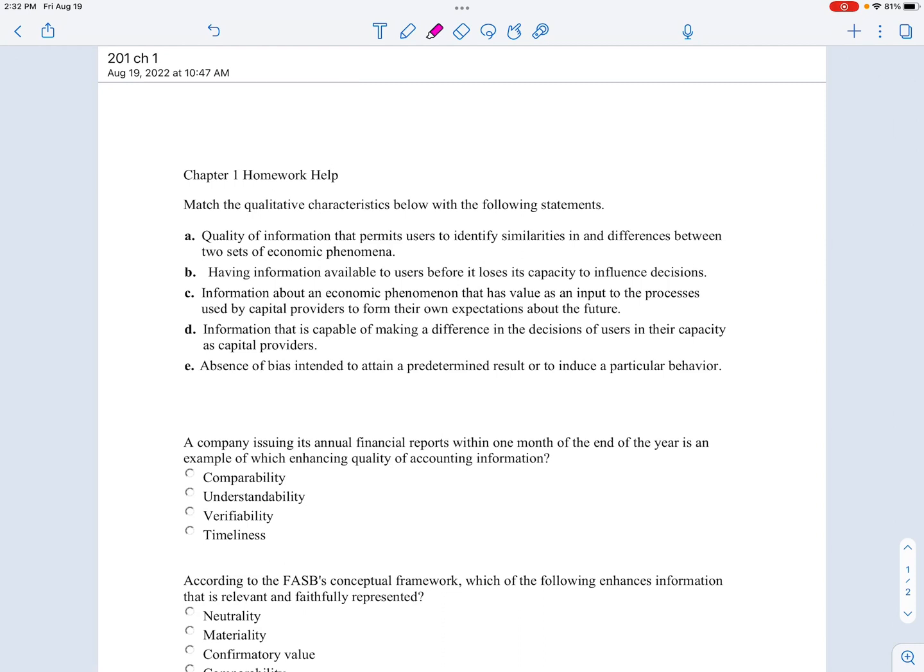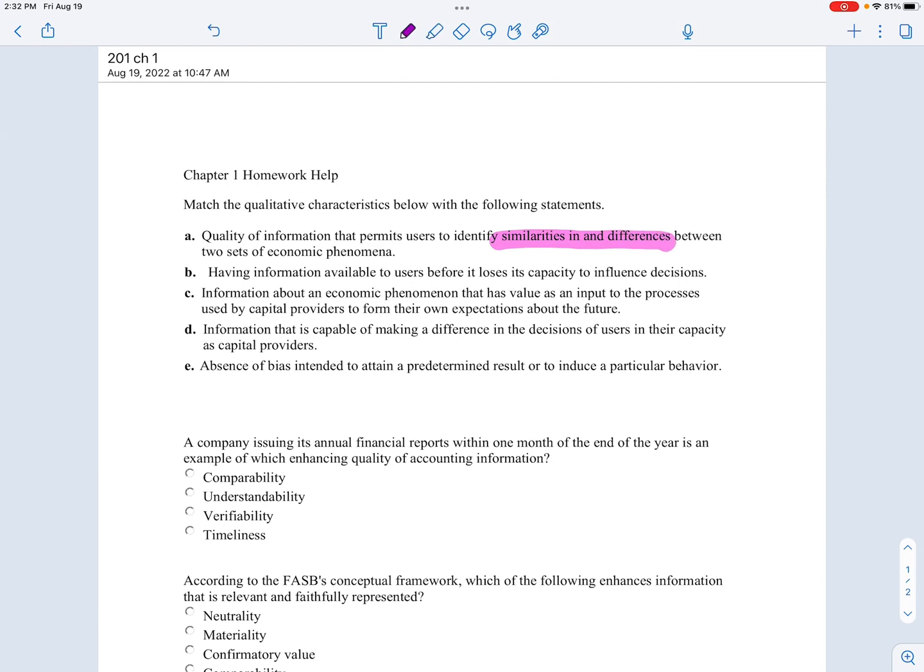So in particular for this type of question, what you want to do is pull out the keywords to identify which characteristic it's talking about. For example, in A, the keywords here is that they're looking for similarities and differences in something.